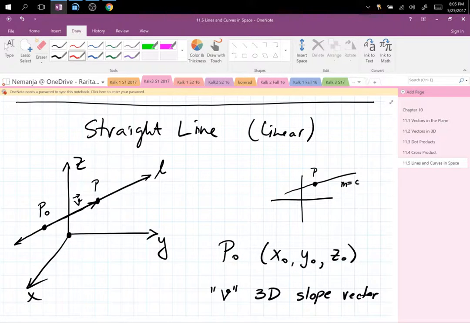And then obviously you will have these vectors that stretch towards those two points because everything is measured from the origin.